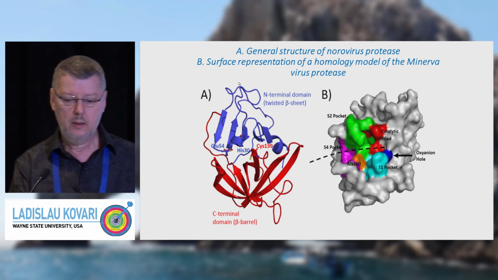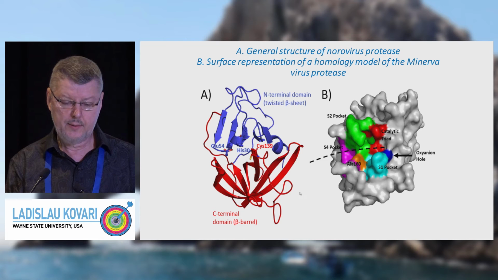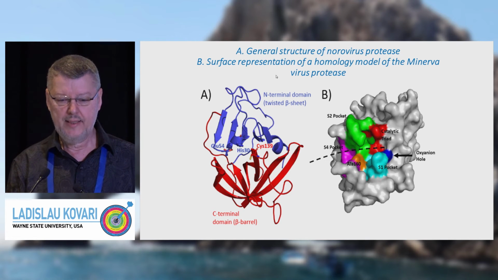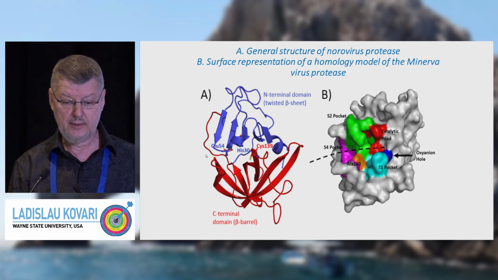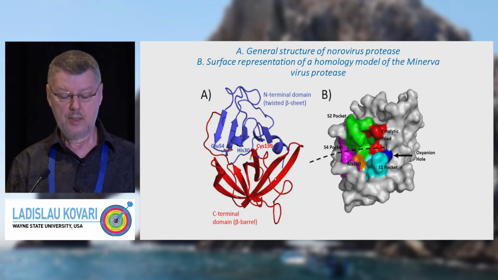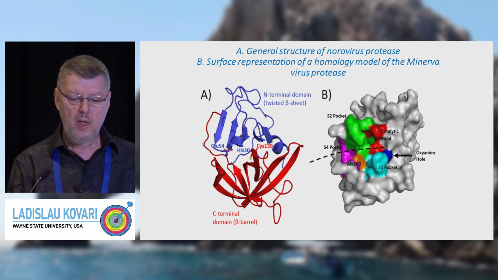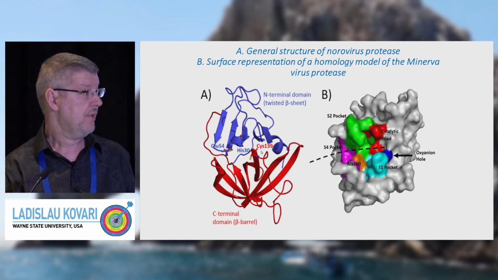This is the crystal structure of the norovirus protease. In blue is the N-terminal domain, which is a twisted beta sheet, and in red is the C-terminal domain. And between the two domains, that is the active site, and those are the three key residues.